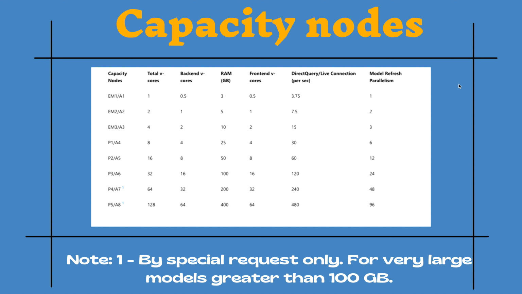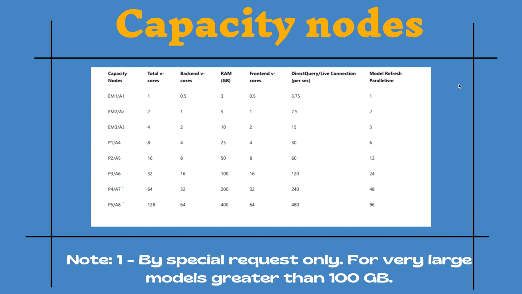So whenever you are managing your capacity on the Power BI admin portal, if you have global admin rights or Power BI service administrator rights, you can go there, buy the license, and assign from the vCore pool.